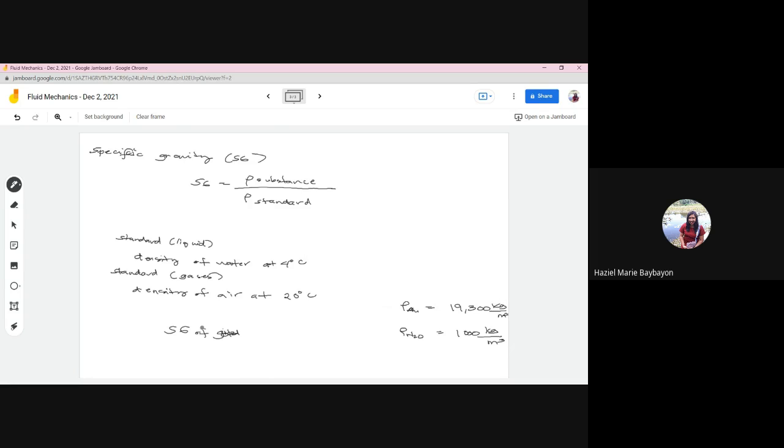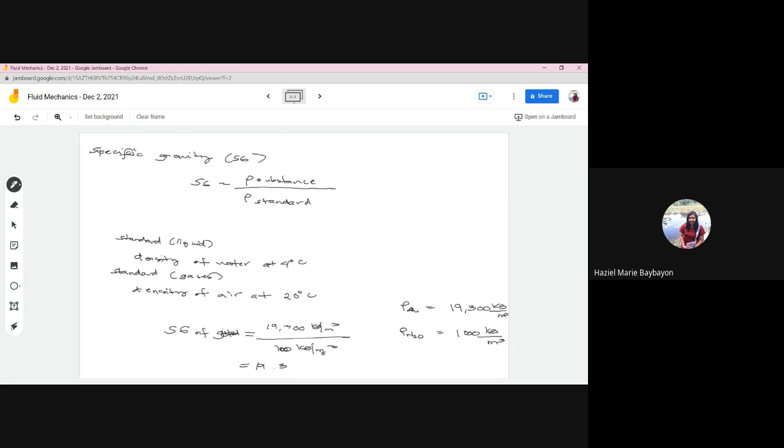Therefore, the specific gravity of gold is equal to 19,300 kilograms per meter cube divided by 1,000 kilogram per meter cube. So this is equal to, how much is it, class? 19.3.